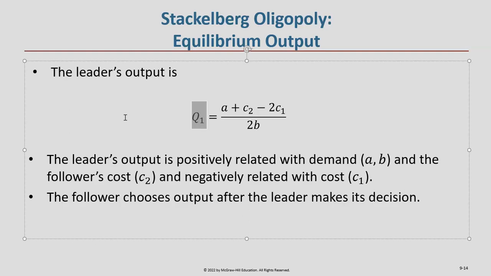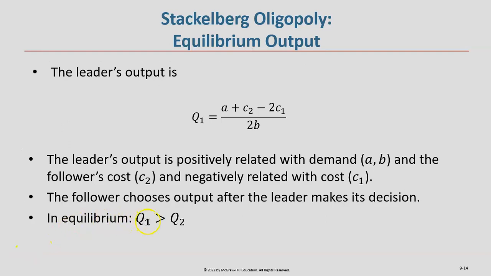So if its own cost of production increases due to unionization of its workers or an increase in the cost of raw materials, that enters this output equation with a negative sign, and that will decrease output. And what we'll see is that in equilibrium, Q1 is going to be greater than Q2. The output of the price leader, the market leader, is going to be greater than the output of its rival.